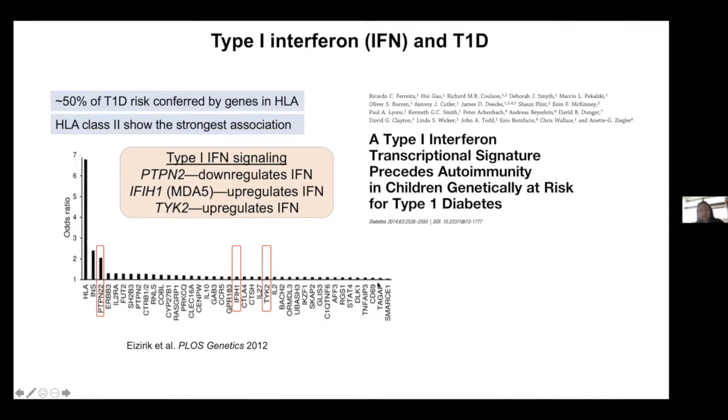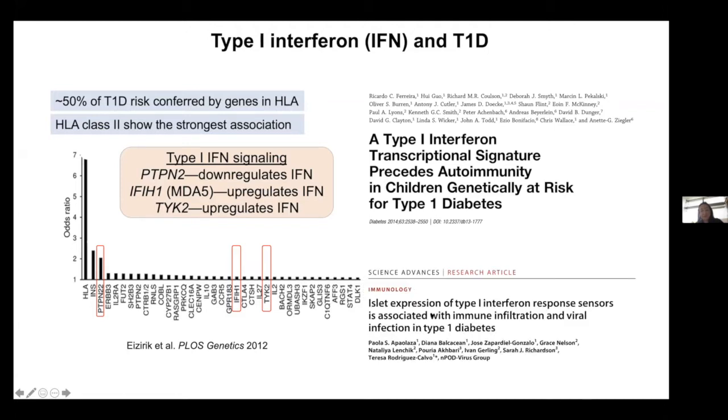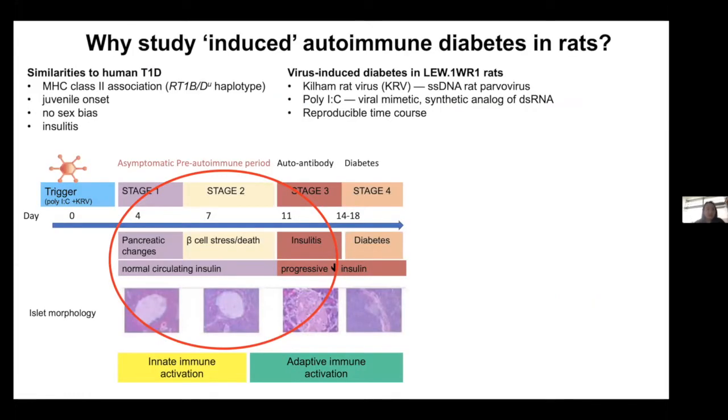I put up a couple of different examples of how this is similarly seen in human disease, these type 1 interferon signatures. So this is a growing area, and my interest is in using a rat model of T1D to further probe the innate immune responses and whether these could be targeted towards type 1 diabetes prevention.